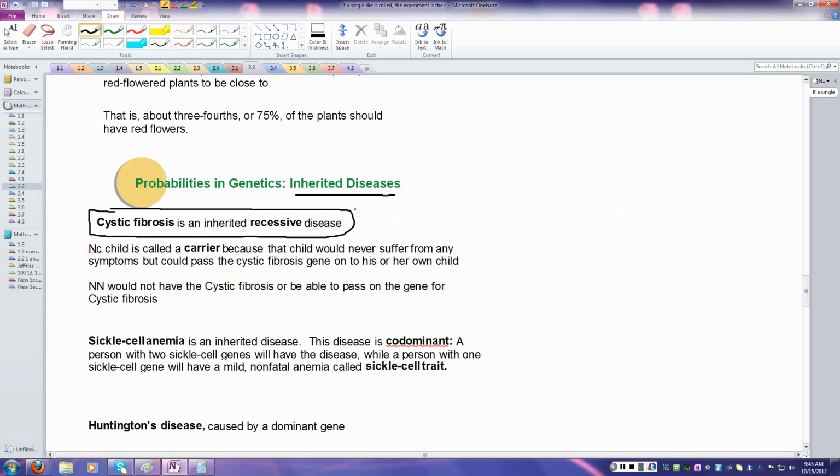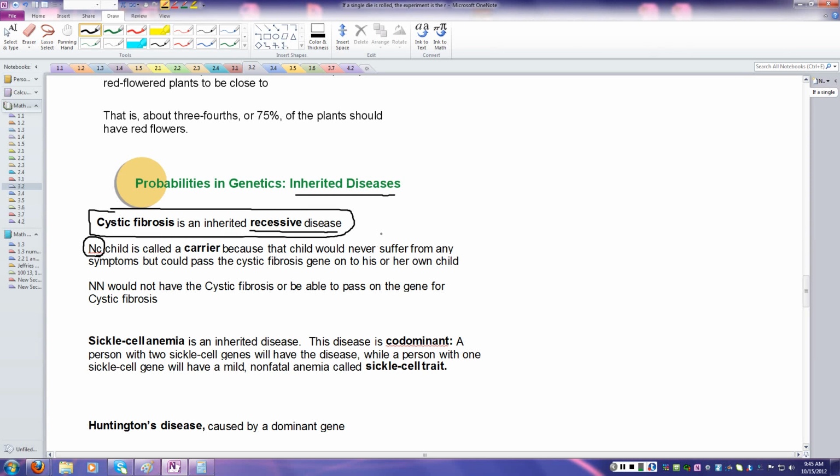So it looks like the white flowers. You will only have cystic fibrosis if you have 2 recessive traits, meaning both your parents carry it. So your book uses N and C. N would be not having the disease, and it's usually capitalized because it's the dominant, and C would be having it.